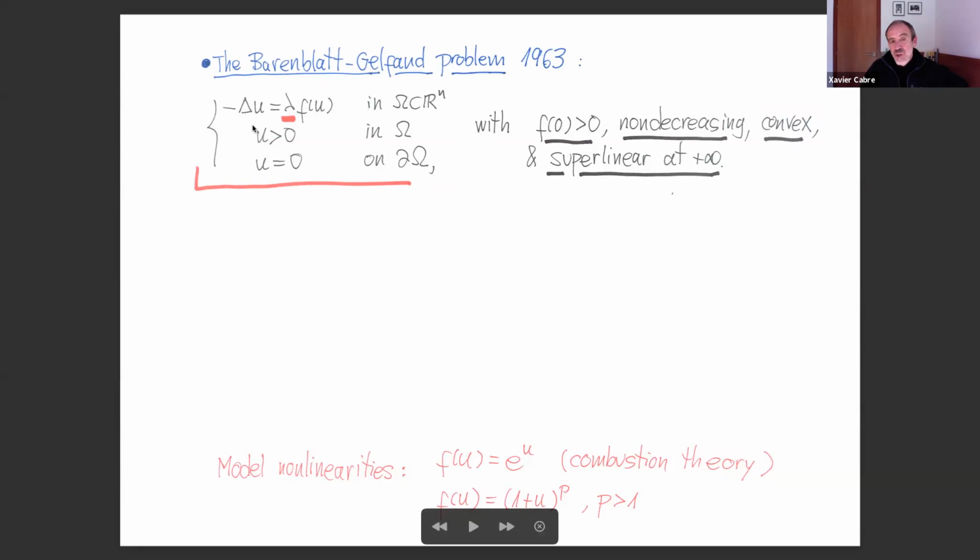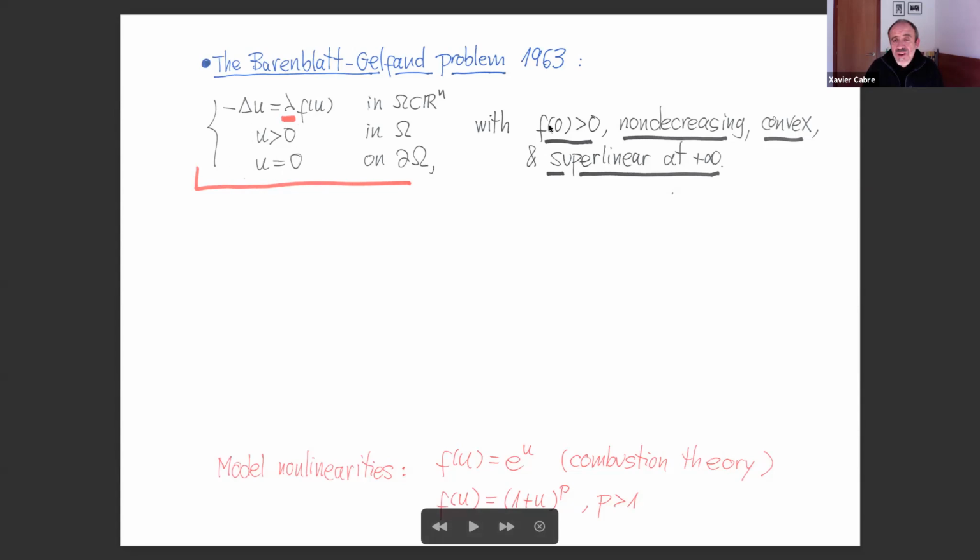And u is the temperature of our gas, say, in a container Omega, and it will be positive. We keep the boundary of the container at zero temperature.